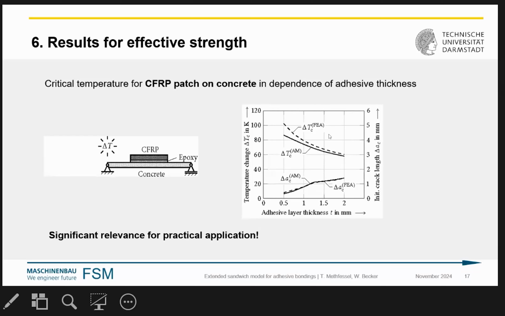And here you see the critical temperature in dependence of the adhesive layer thickness. And again, you see that thick adhesive layers are not good. Better take small layer thicknesses because then the critical temperature is higher. So such things can be predicted, which may be helpful for the application.